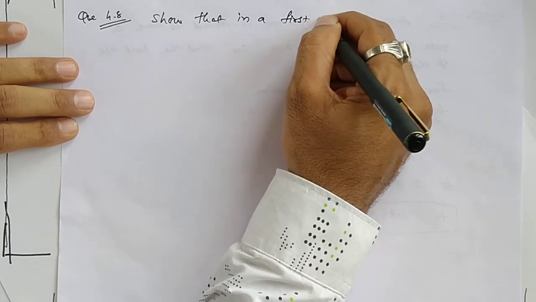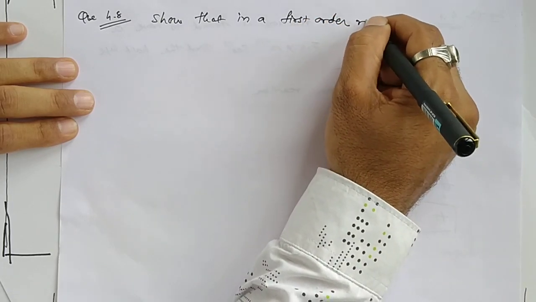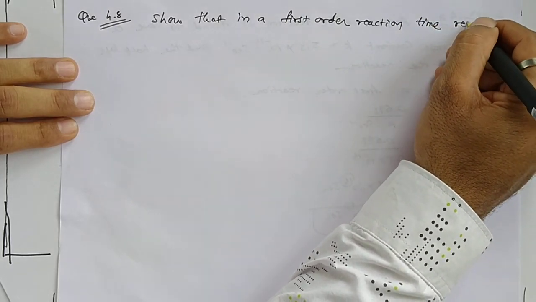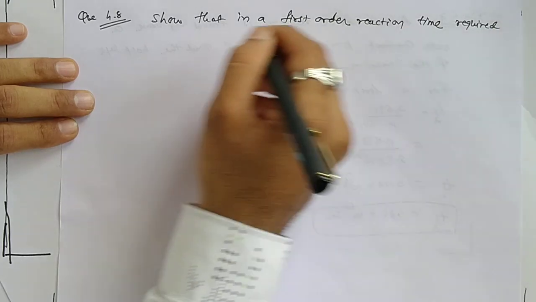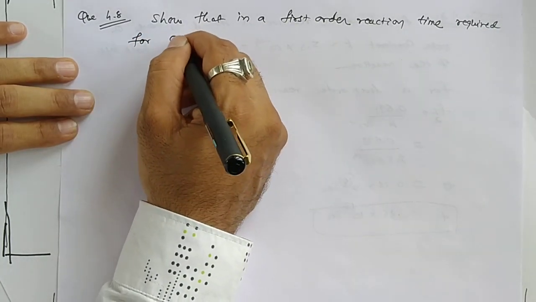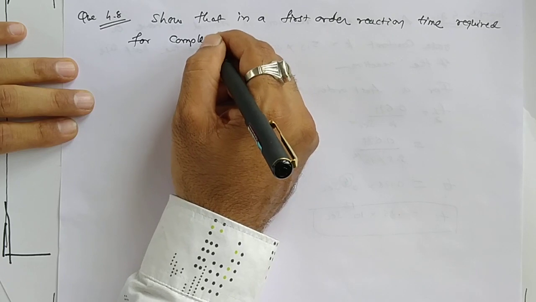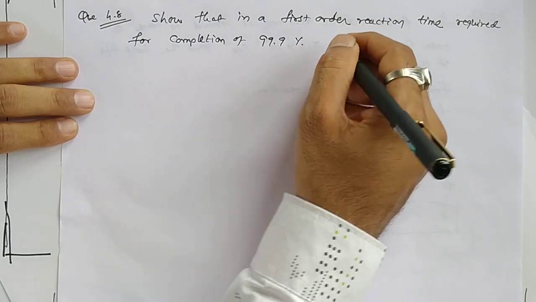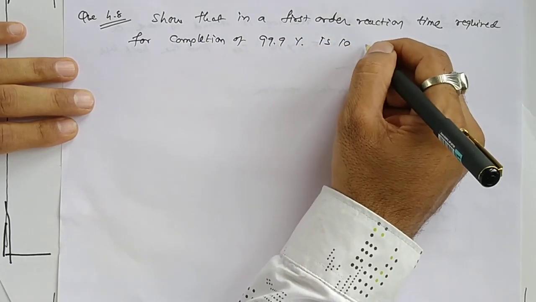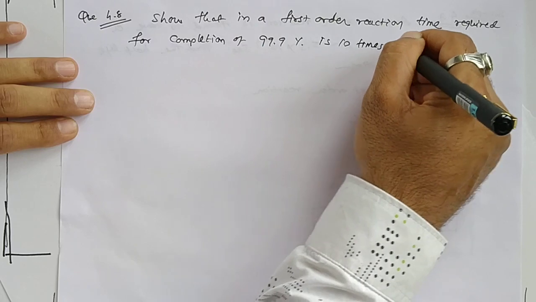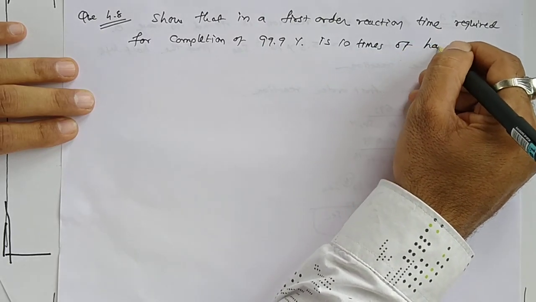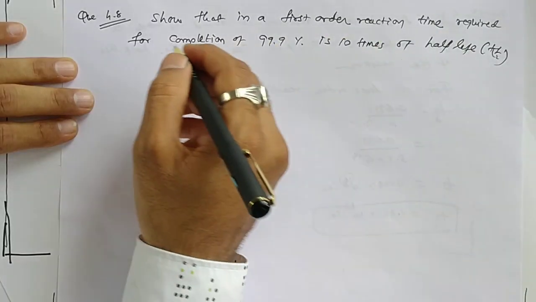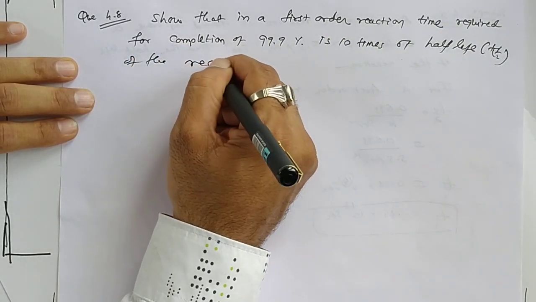In a first order reaction, the time required for completion of 99.9% is 10 times of half-life, meaning T1/2 of the reaction.